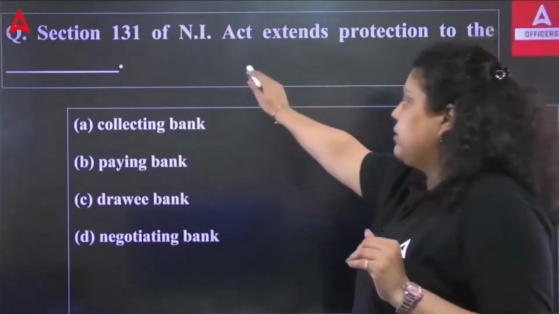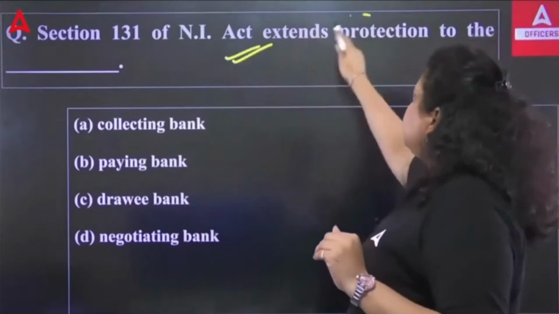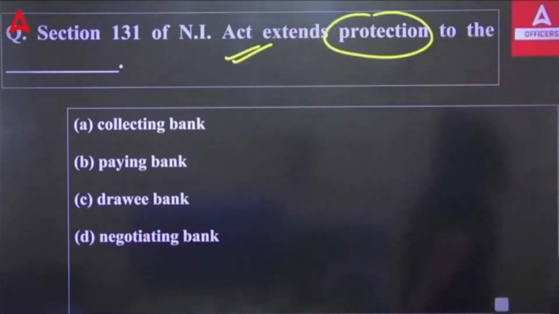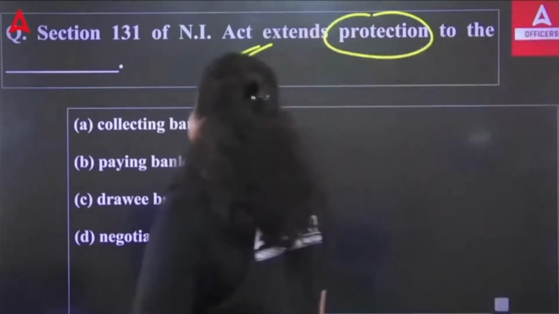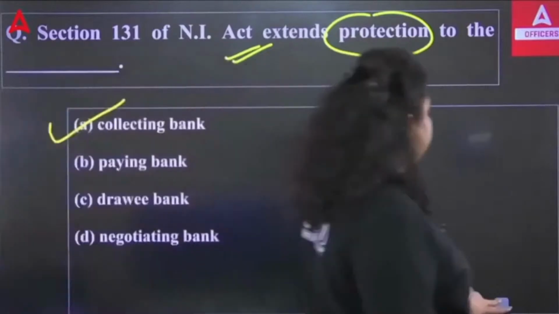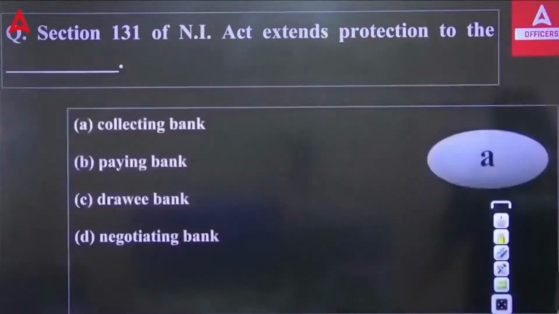The right answer is the collecting bank. It gives protection against a certain situation to the collecting bank under the Negotiable Instrument Act 1881, Section 131.